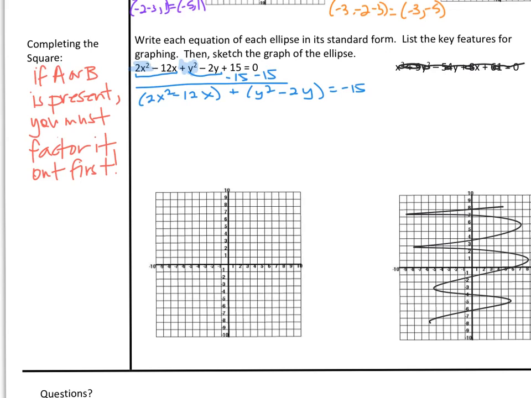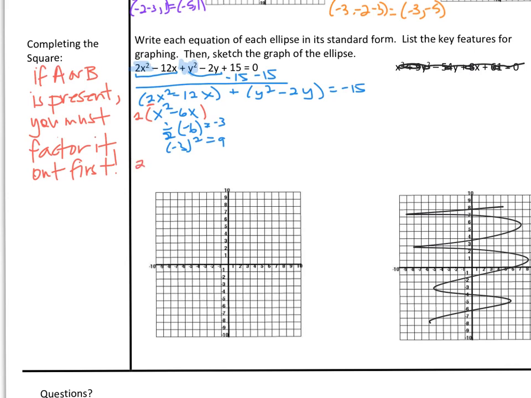So now, what makes this tricky for the x's is that we've got that 2 out in front of x squared. So we have to factor the 2 out before we complete the square. If we factor out 2, we get x squared minus 6x. So now we just take half of -6, and that's -3. Square -3, and we get +9. So far not so bad.